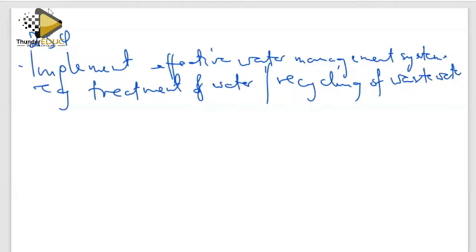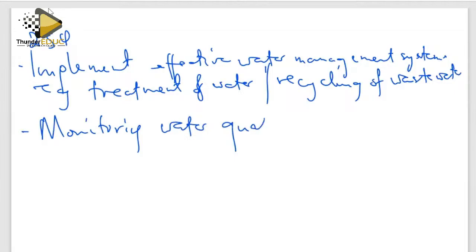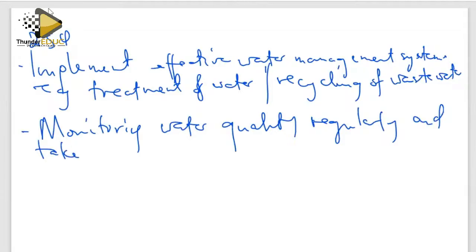And we can also look at monitoring. They can monitor water quality regularly and take corrective measures.